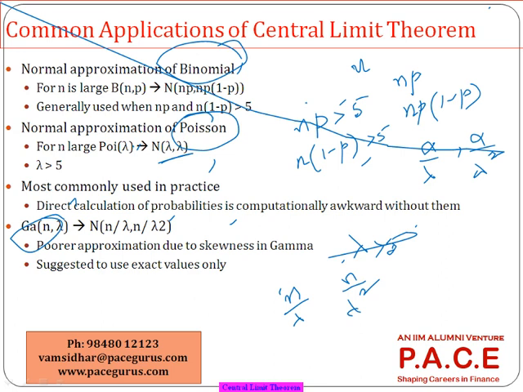Lots of applications have been developed, like correlations and regressions, under the assumption that the data follows a normal distribution. If the data is not following a normal distribution, if I can do this kind of approximation to a normal distribution, I can still use the data for my analysis more effectively.